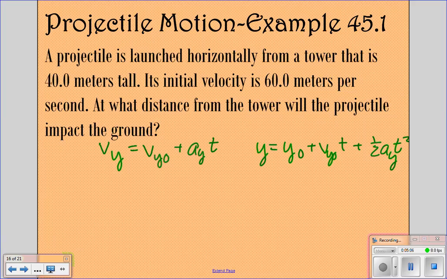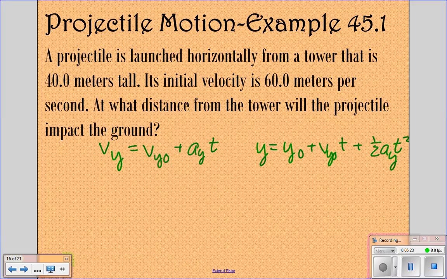Honestly, I think half of the issue with these problems is all of the subscripts. You're not used to quite so many subscripts on your equations. But it's really the same kind of equation that we've already been dealing with. It just now has all of these subscripts.